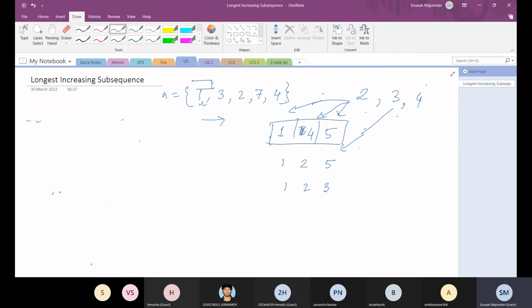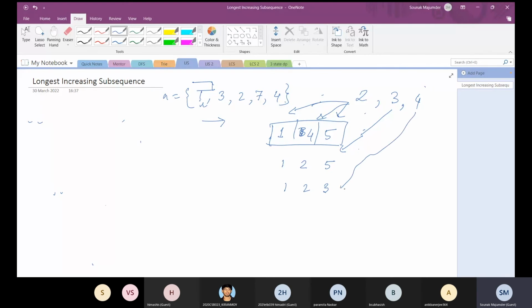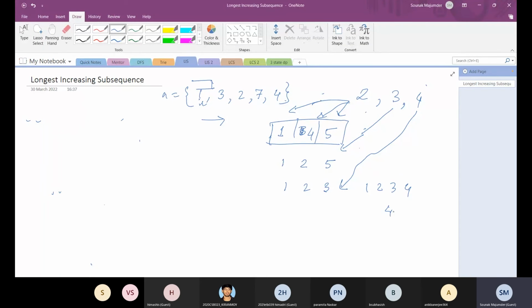If we had added 4 in place of this 5, the length would have remained 3 only. But now that we have added a 3 over here, the sequence is 1, 2, and 3, and now we can add the 4 over here. So 1, 2, 3, 4, the length is now 4. So this is obviously beneficial.